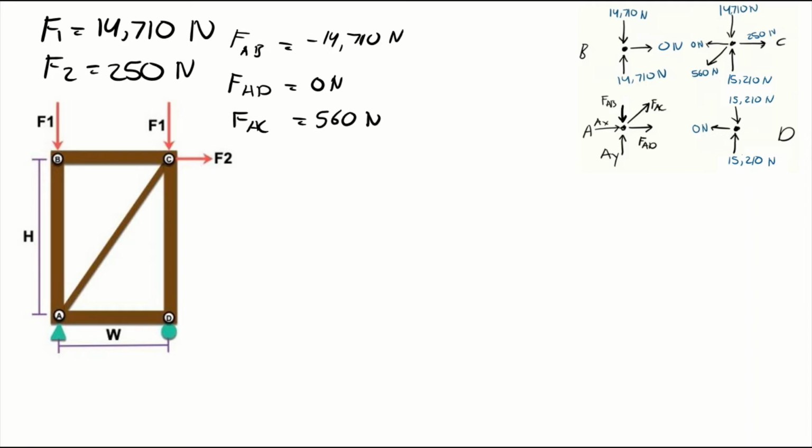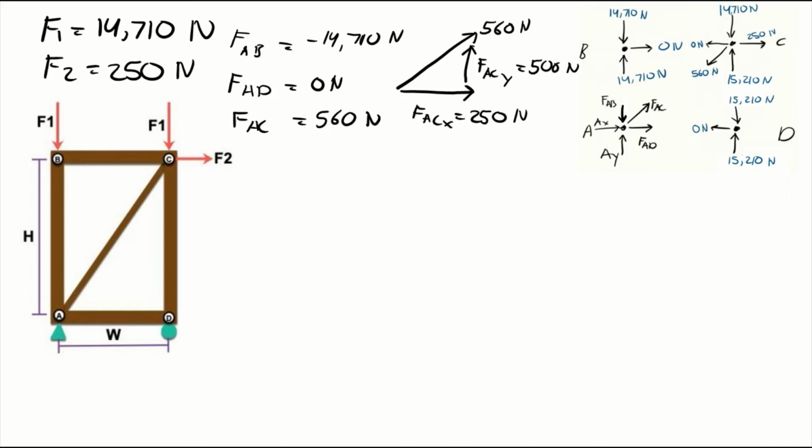And I'll go ahead and break F sub AC into its component forces for use in summing in the X and Y direction. So that is F sub AC. F sub AC sub X is equal to 250 newtons. And then F sub AC sub Y is equal to 500 newtons. And if you need to see how I calculated those component forces, I did that at joint C.